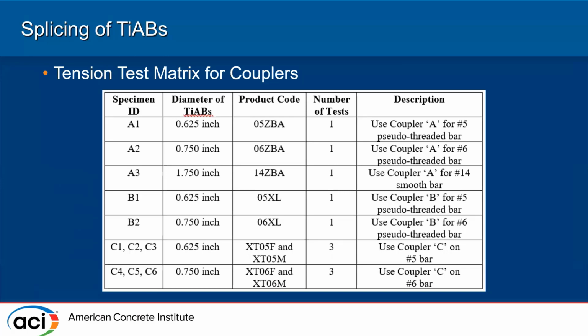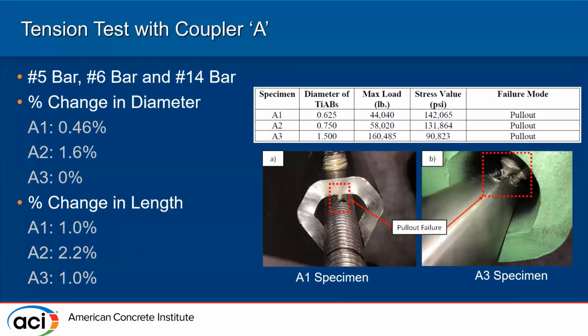A is the first coupler, coupler A, B is for coupler B, and C is for coupler C. So with coupler A, which is using the shear screw, it was not able to break the bar, because it had the pullout failure, as you can see in the picture, the pullout failure of the screw instead of failing the bar.